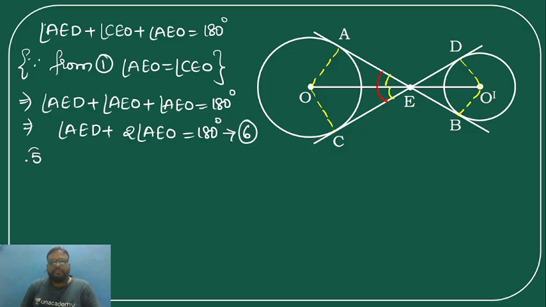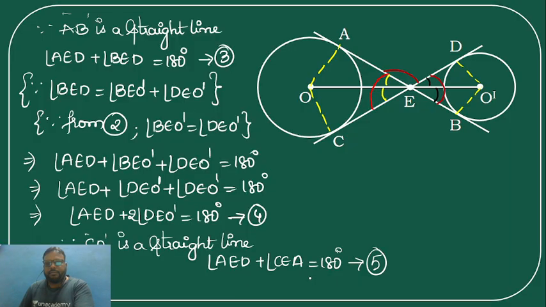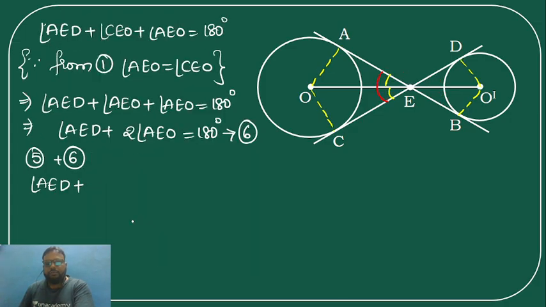Now let us see what happens when you add 4 and 6. Sorry, it is not 5, it is 4 and 6. So what is that fourth equation?